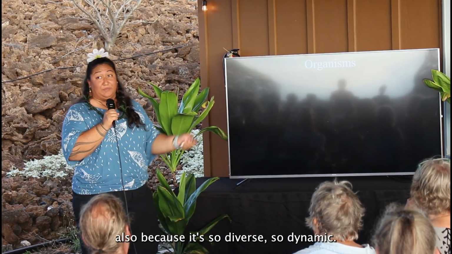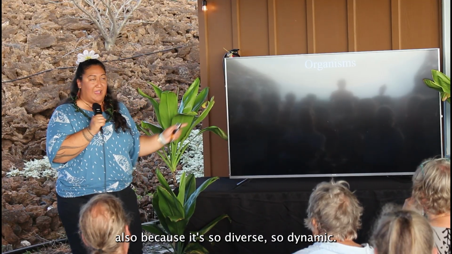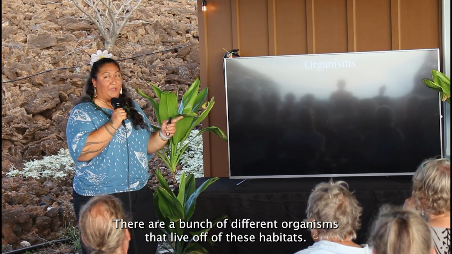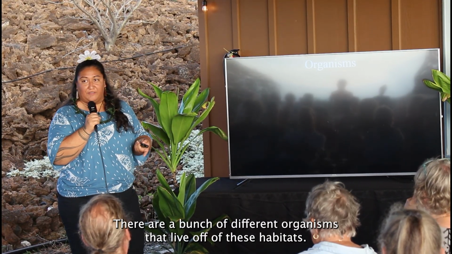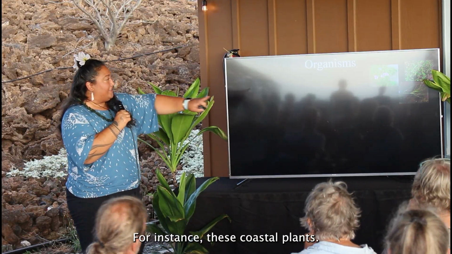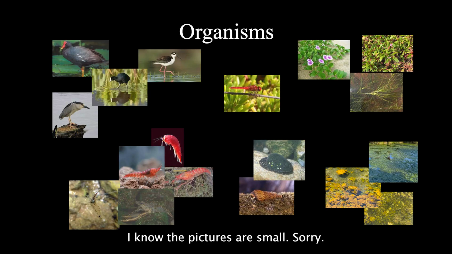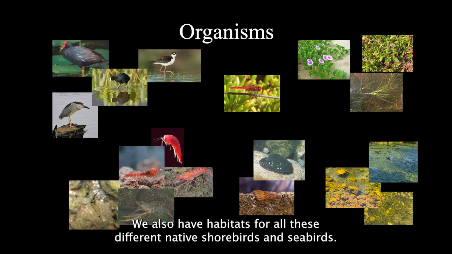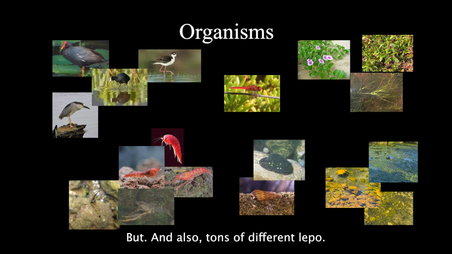Oh, and also because it's so diverse, so dynamic, there are a bunch of different organisms that live off of these habitats. For instance, these coastal plants, I know the pictures are small, sorry, but we have pohuehue, kulikuli, and rupia, just to name a few. We also have habitats for all these different native shorebirds and seabirds. And also tons of different lepo.